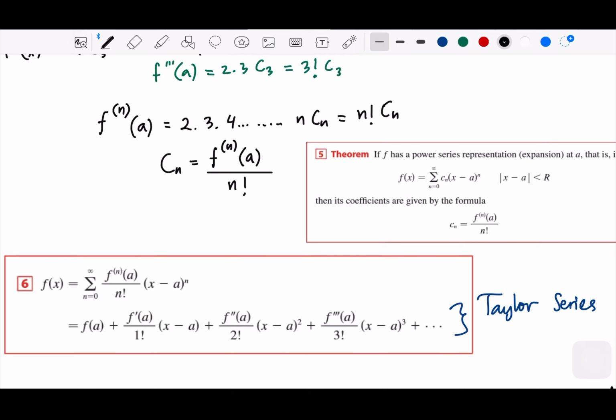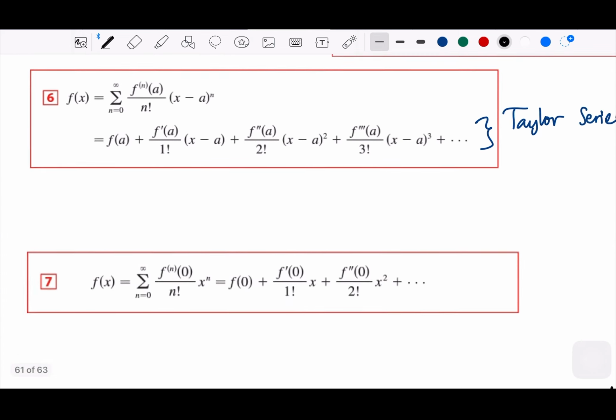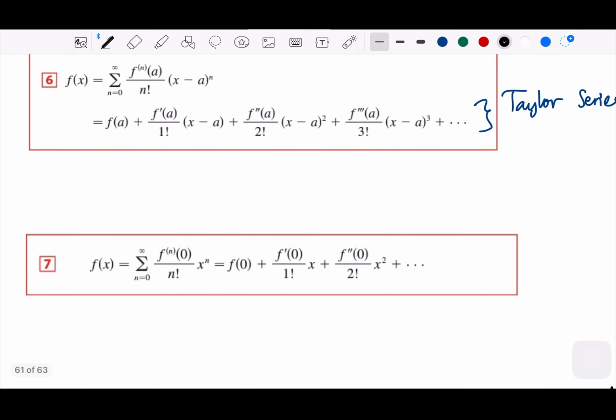Now just to make sure that we understand, if a equals 0, then we call this the Maclaurin series. Basically the same series, but the difference is we just substitute 0 into a.